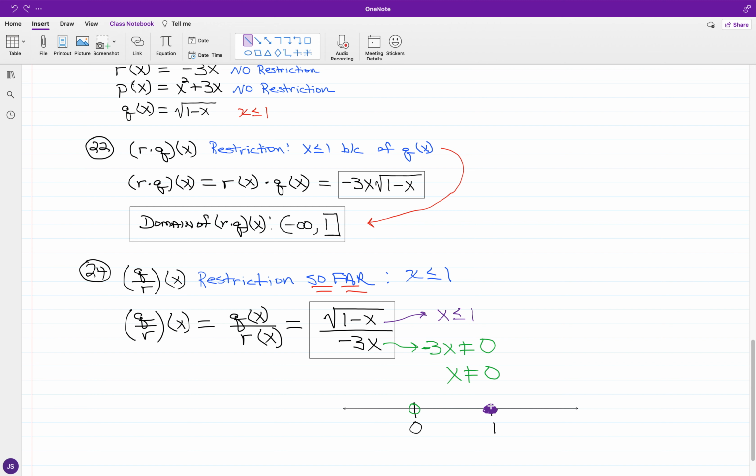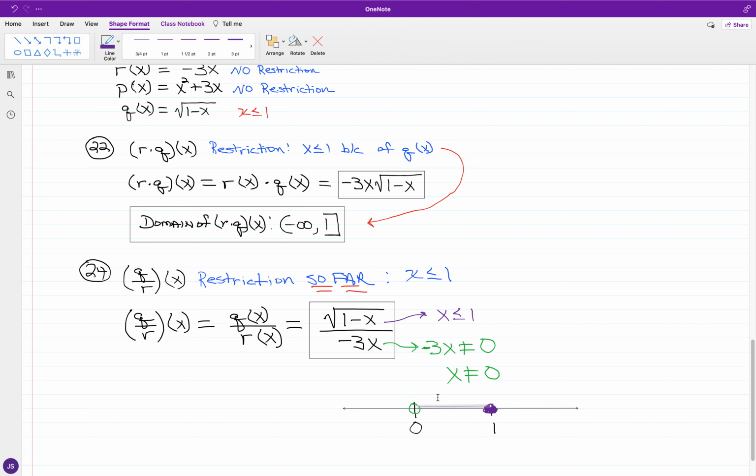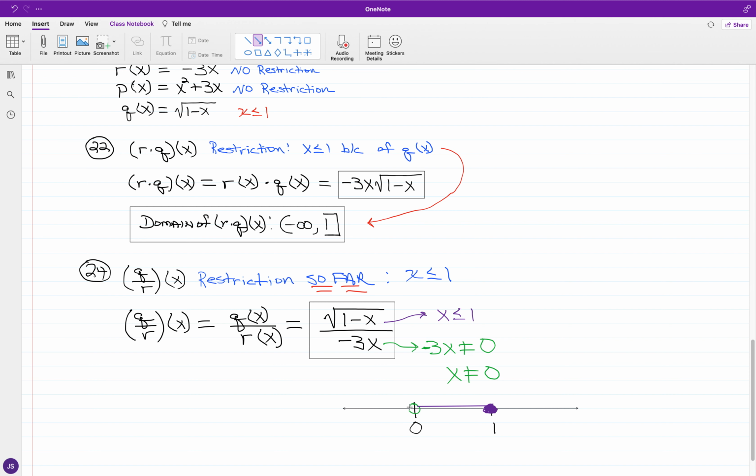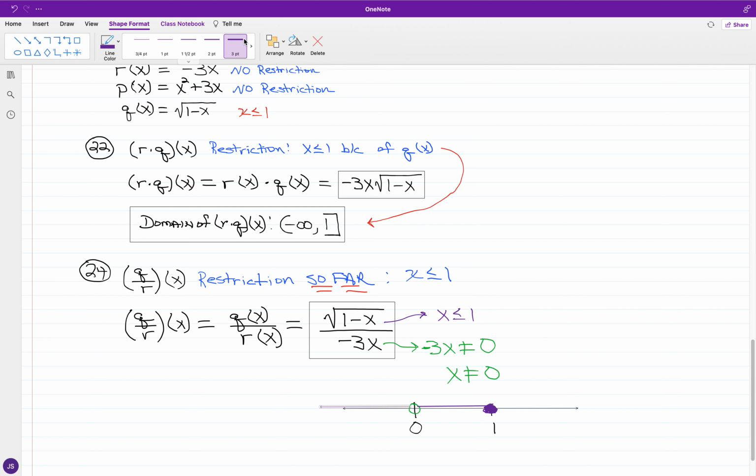But for what I have here, I start going to the left, but I'm not going to have continuity because of the exclusion of 0, thanks to r of x not allowed to be 0. So 0 is left out, but once I get past 0, I'm able to pick up and resume, finally with the ray going continuously to the left.